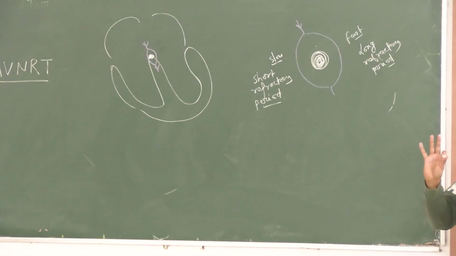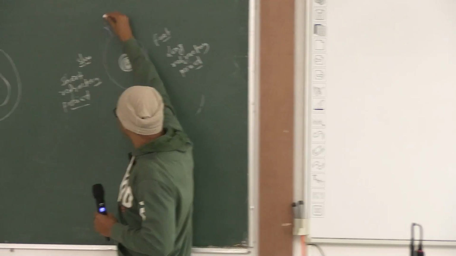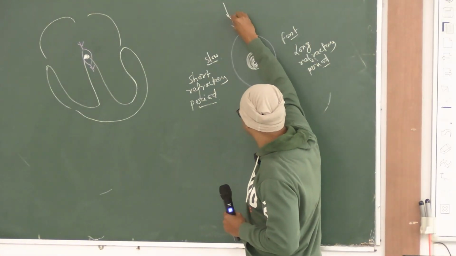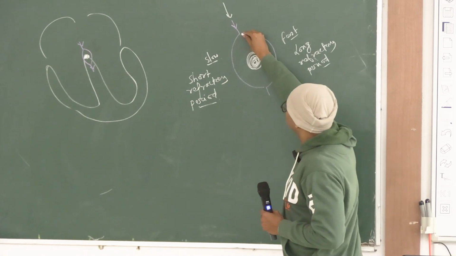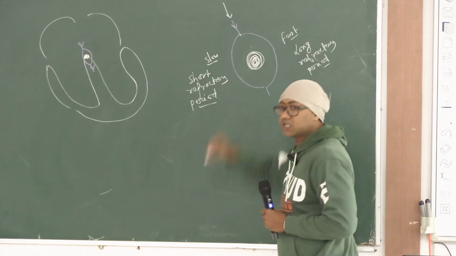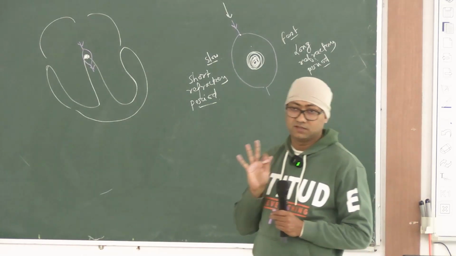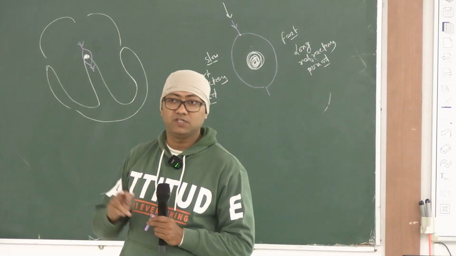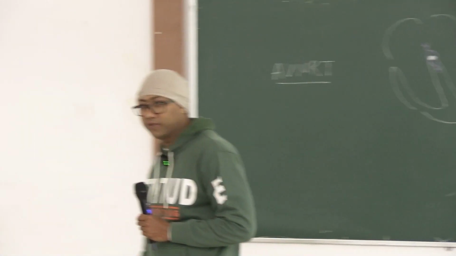Okay. Now, perfectly timed atrial premature complex: the action potential is traveling from above, and once it reaches the upper part of the circular fiber, it has two options. One, to travel through the short refractory period pathway, another to travel through the long refractory period pathway.